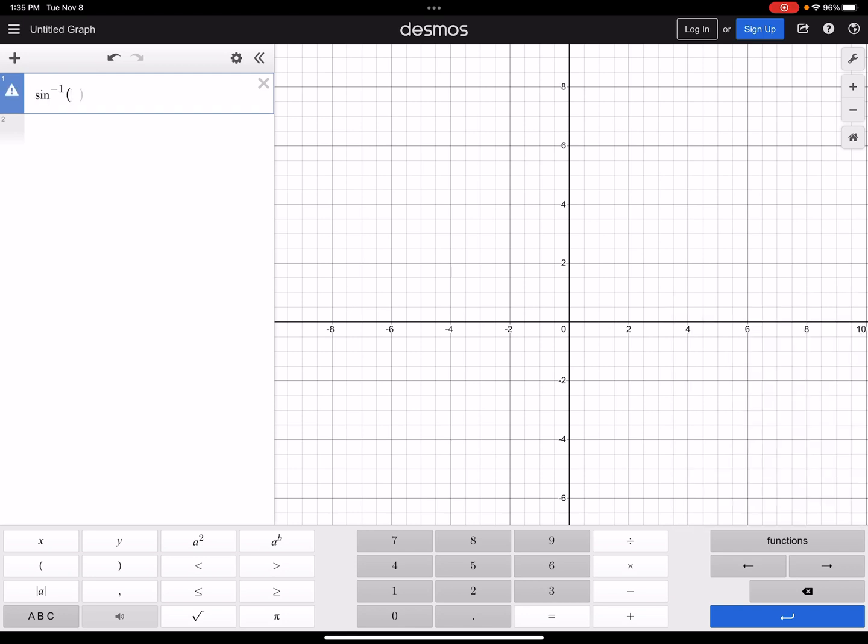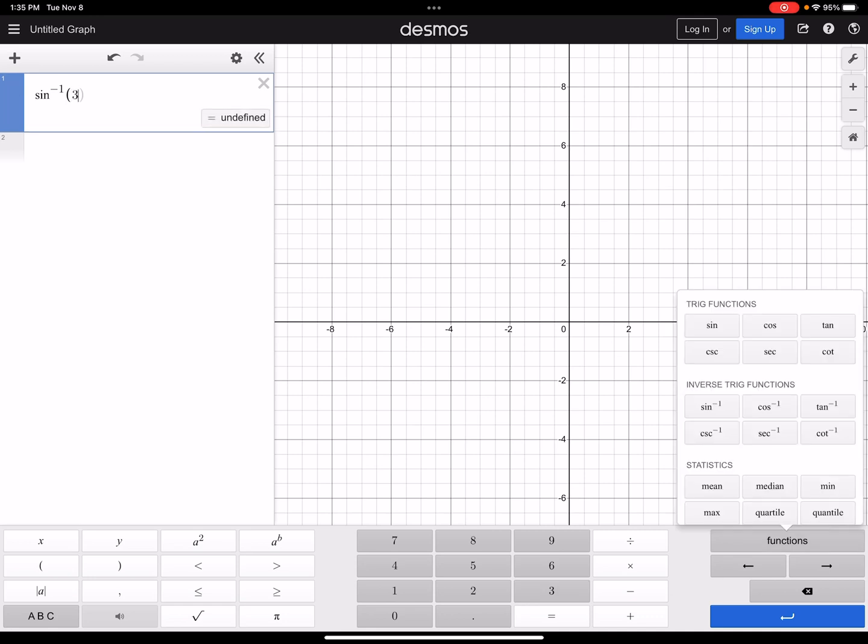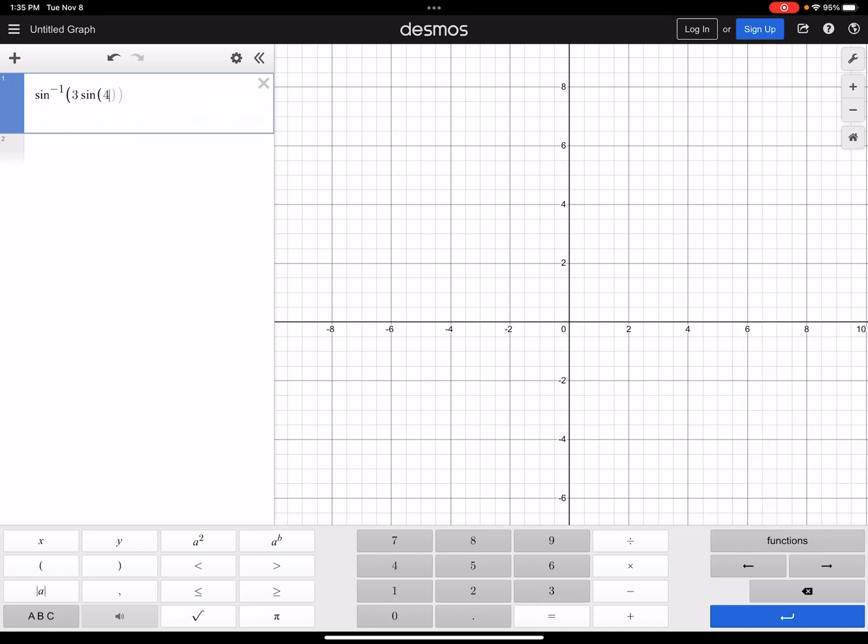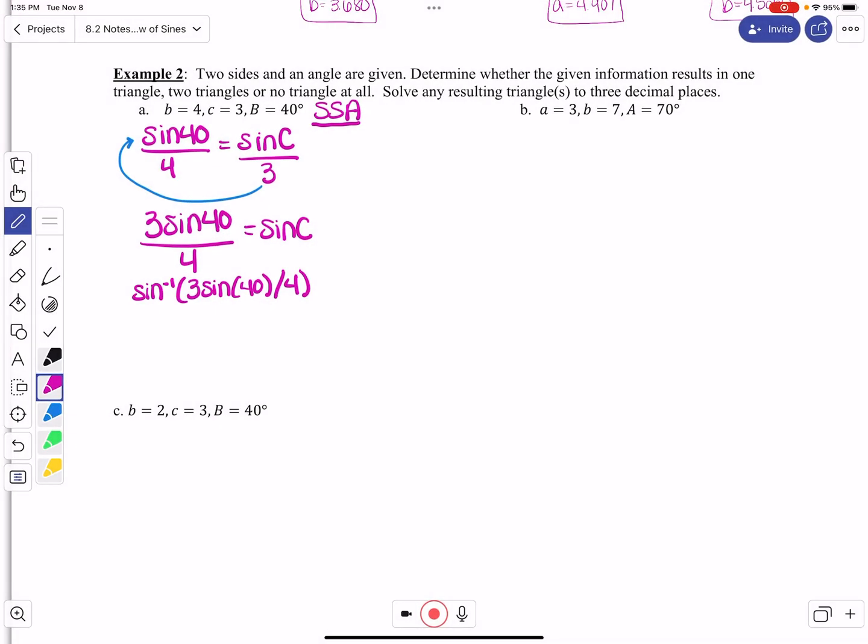So we do the inverse sine, and we're just going to do 3, and then a regular sine of 40, and then make sure you get out of that parentheses. Notice where my cursor is, and then divide by 4. Okay? Now, my angle here is 28.822 degrees. So this is C.